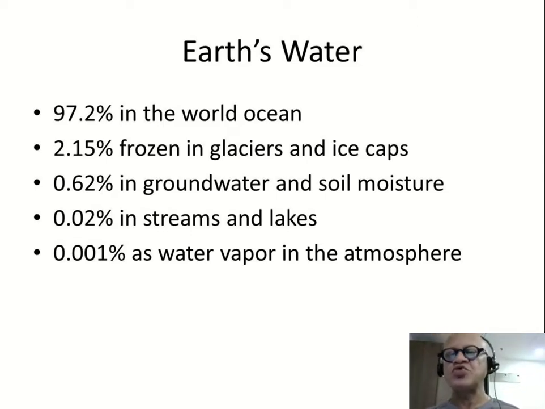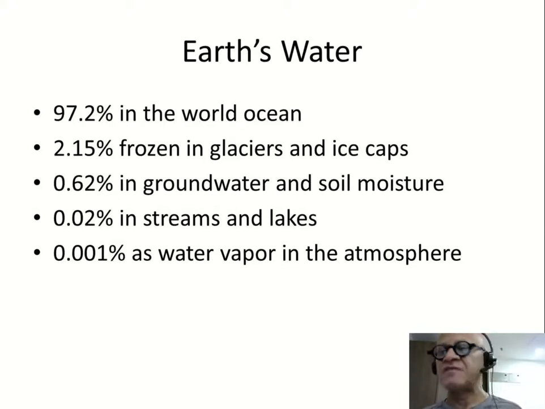So 0.62% of that is in groundwater and soil moisture. 0.02% is in streams and lakes. So you think rivers are flowing all the time and carrying so much water, but actually that's a tiny percentage of water. And the atmosphere obviously has a very small percentage of water.